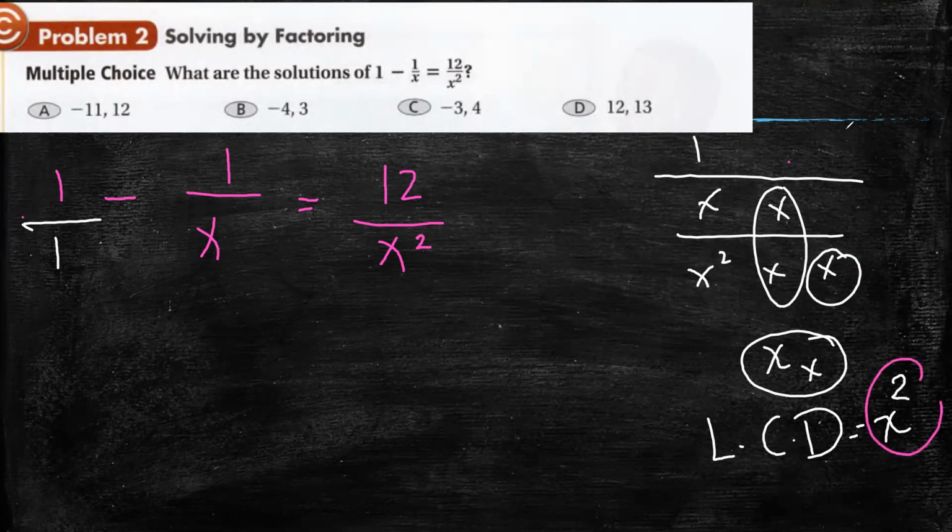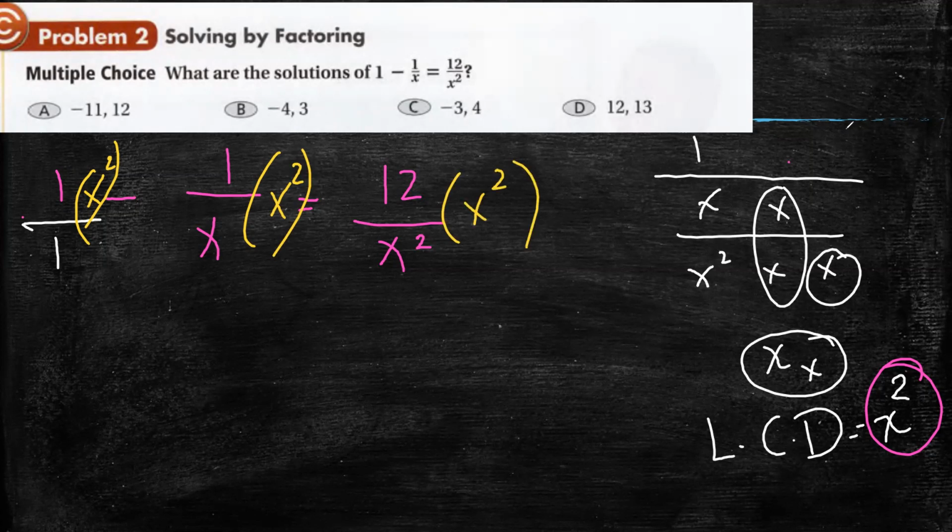Then let's multiply x squared by each term. So x squared times 1 is x squared. And then we have 1 over x times x squared.